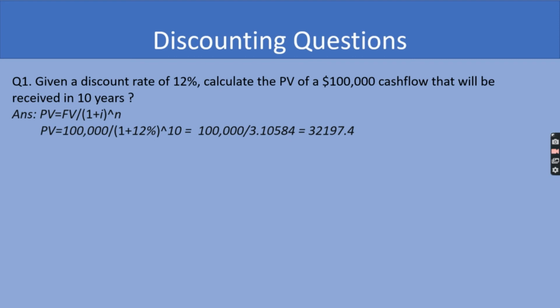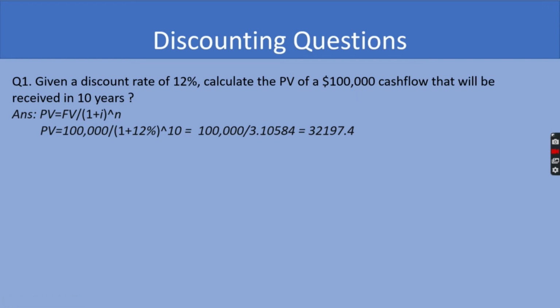So let's solve a basic question on it. Given a discount rate of 12%, calculate the present value of a 100,000 cash flow that will be received in 10 years. Present value is equal to future value divided by 1 plus i raised to the power n, and using that formula you can easily compute the amount is 32,197.4 that you should invest now to get a future value of 100,000.